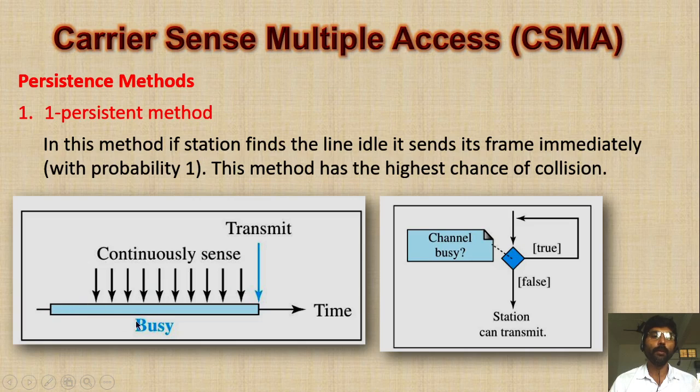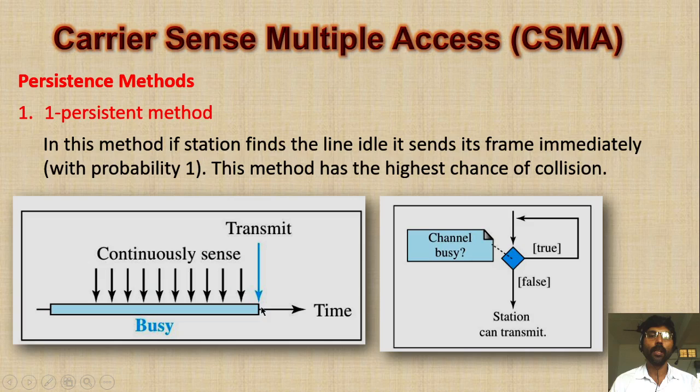If the media is busy, meaning somebody is transmitting data, it continuously senses the media. If it finds that the media is idle, it just transmits the data immediately. That is called probability 1.